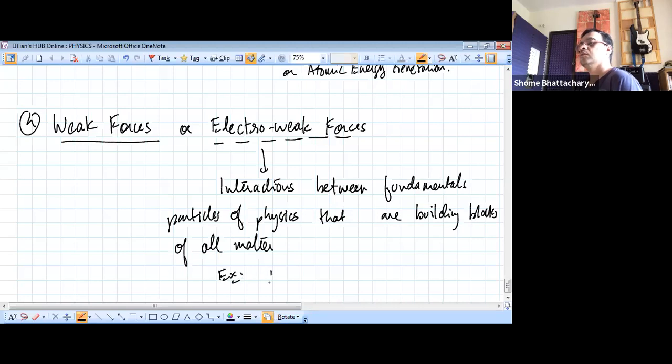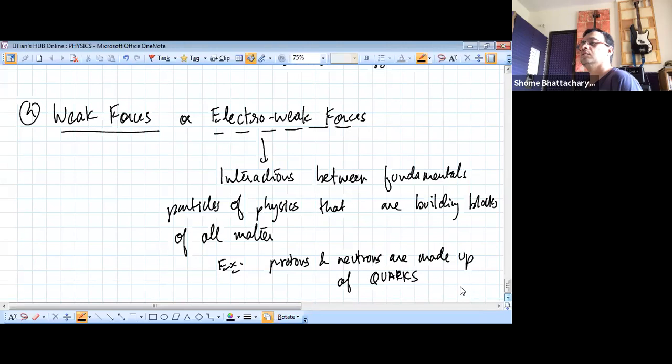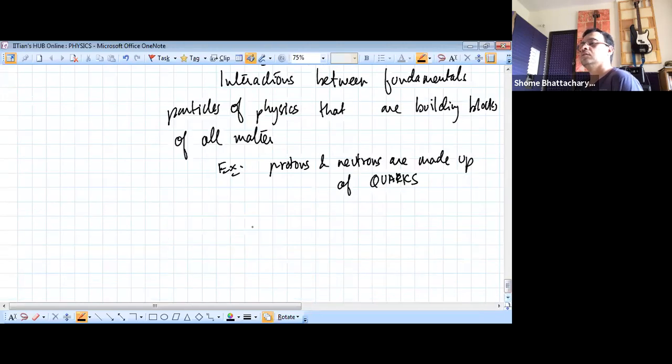For example, protons and neutrons are made up of something called quarks. Then we have electrons, positrons, which is the antiparticle of electrons.